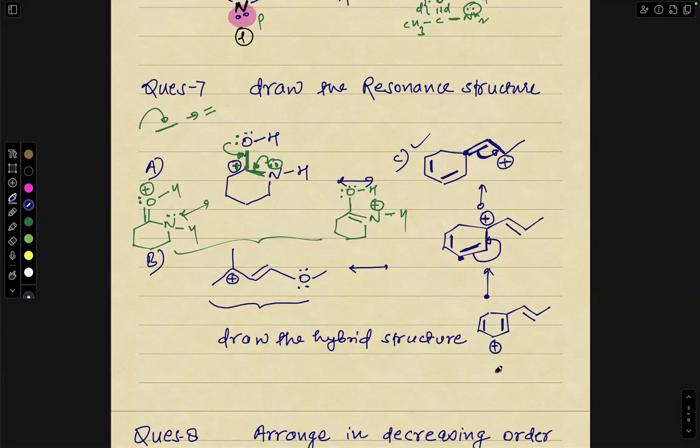And in the next structure, this double bond is going to shift here. So this single would become double, and this nitrogen has a positive charge. Make sense? This atom is not in resonance. That's why there is no movement of charge on this atom. You can see there is no charge over here. It makes sense?